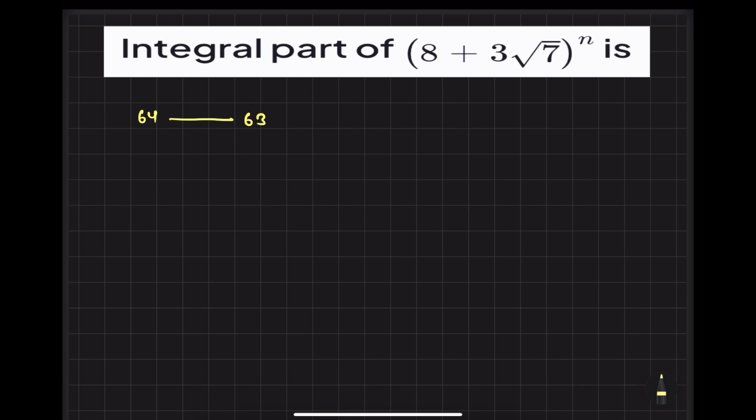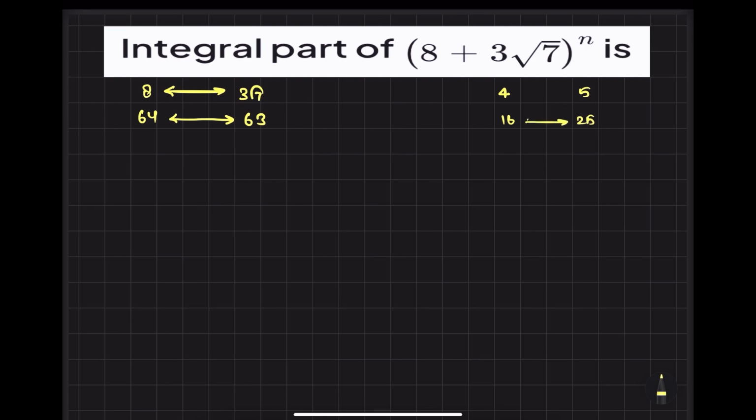So after doing the square, the gap is 1. So 100% the gap between 8 and 3 root 7 is less than 1. Correct? Like previously what you have observed, 4, 5, 16, 25.